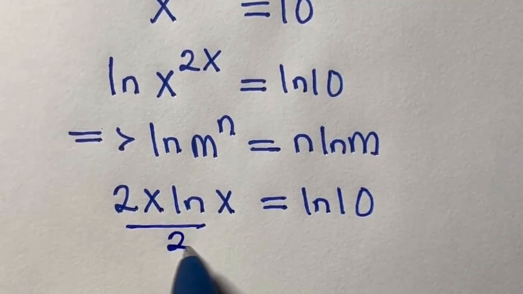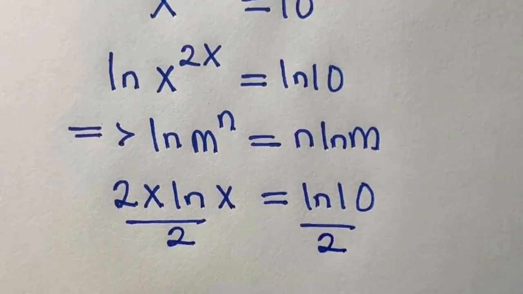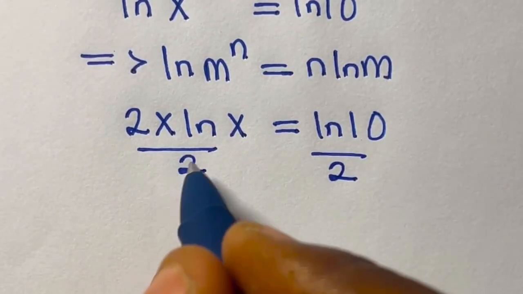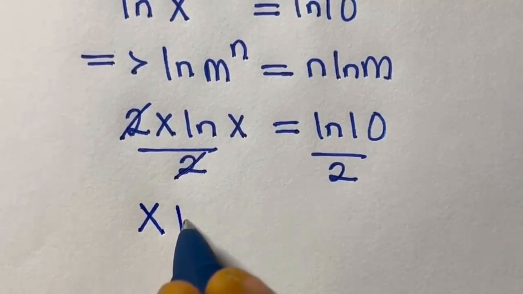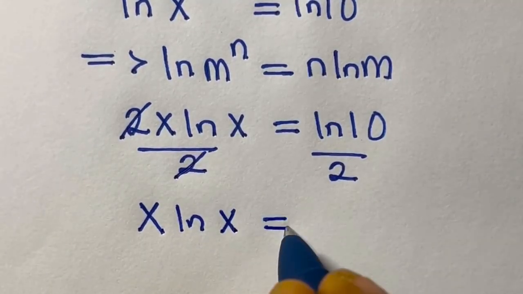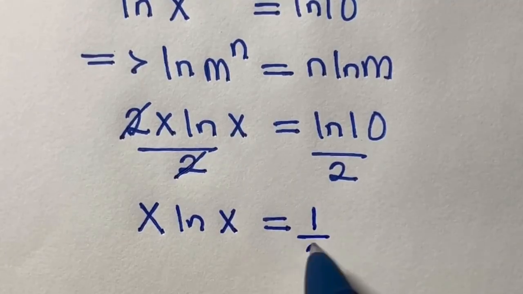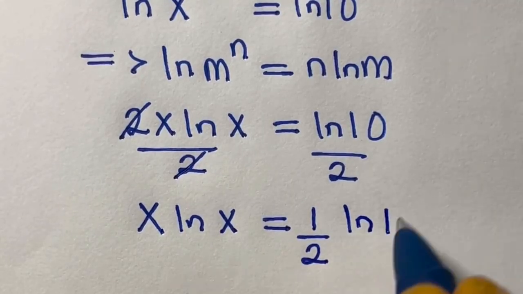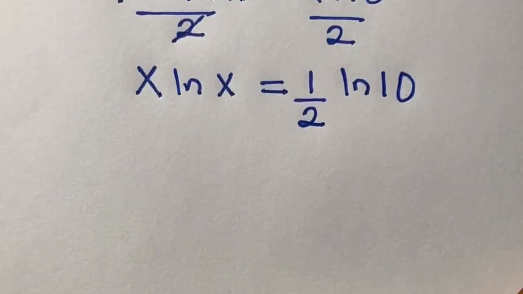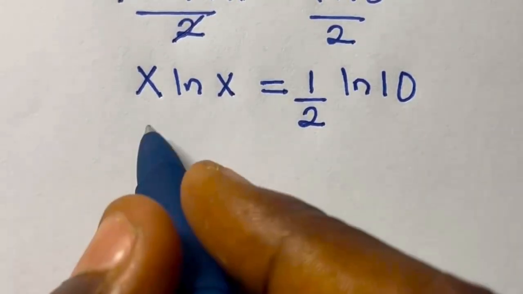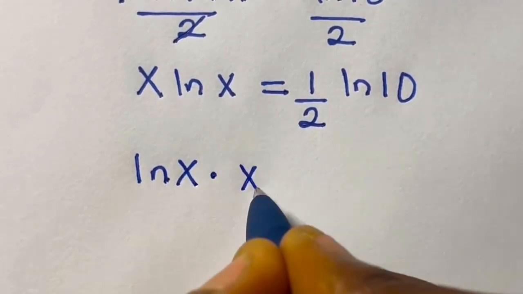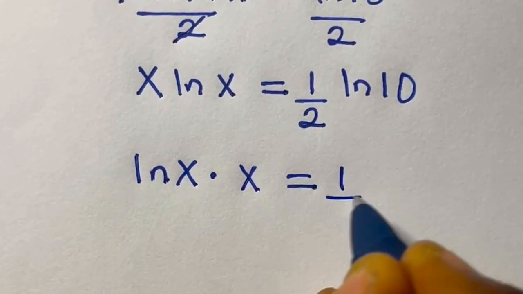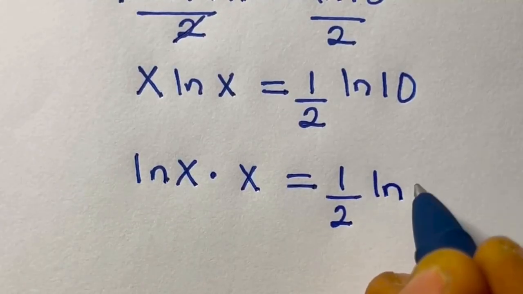So here we divide both sides by 2, so that we have x ln x equals 1 divided by 2 ln 10. All right, so now we can write this as ln x times x equals 1 divided by 2 ln 10.